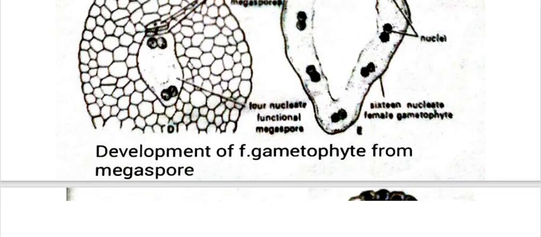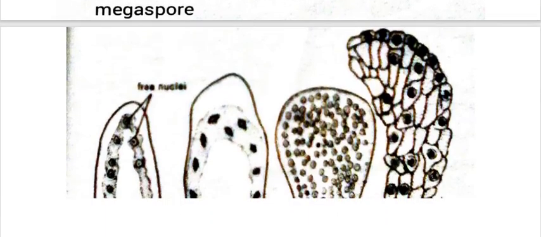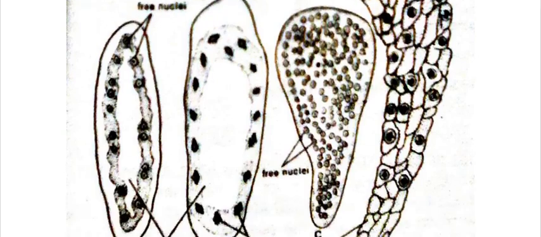Then in the next stage, in the center of the female gametophyte, where the vacuole is present, cytoplasm starts to grow, and this vacuole starts to disappear, and the nuclei also continue to divide continuously, and many nuclei are produced.